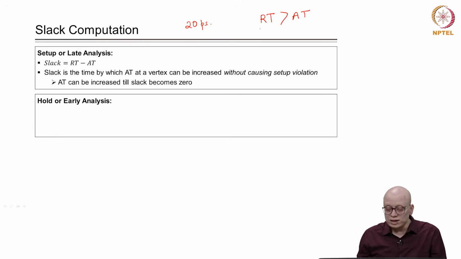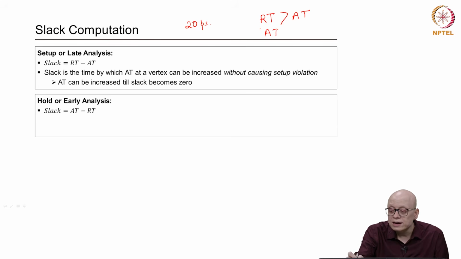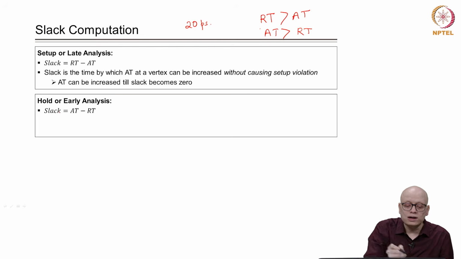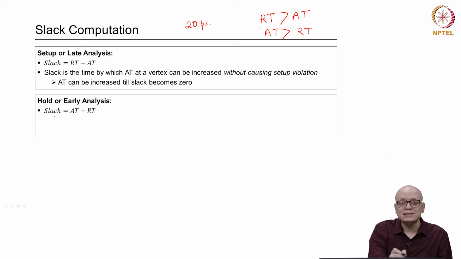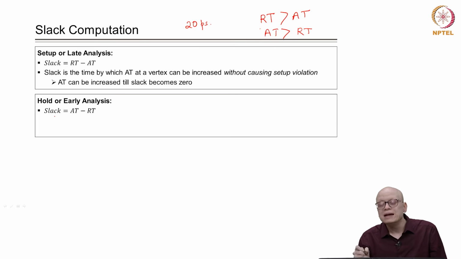Now, for the hold analysis case, as we saw in our last lecture, the arrival time should be greater than the required time. Then the hold or early constraint is satisfied, otherwise it is violated, and therefore we define slack as arrival time minus required time.